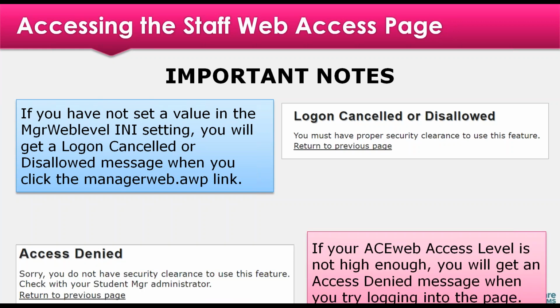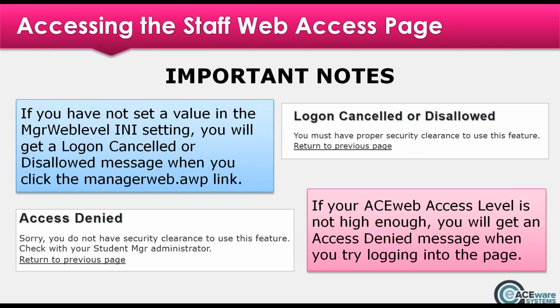The other message that you might get when they try to log in is "access denied." This is because the ACEweb access level set on their profile in the Student Manager password maintenance screen is not the level specified in your Manager Web Level, or higher. Those are the two most common things that you might run into in getting this set up.